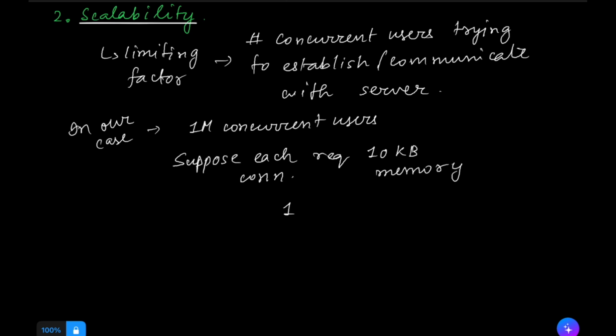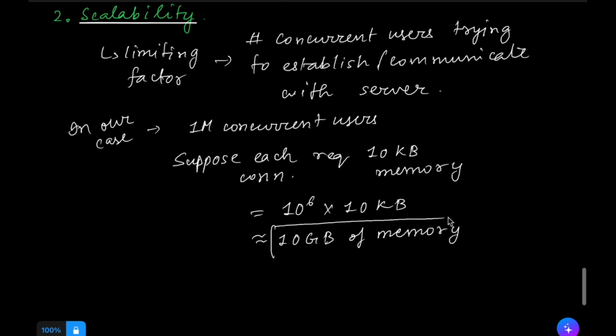So for 10 to the power 6 connections at 10 kilobytes, we will have approximately 10 GB of memory required for a particular server to handle 1 million concurrent connections.